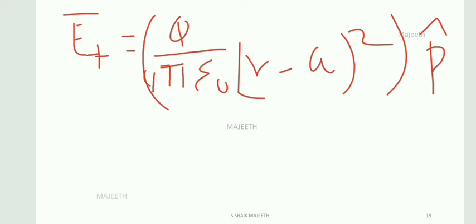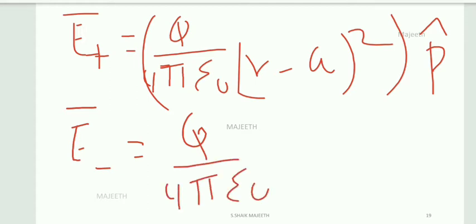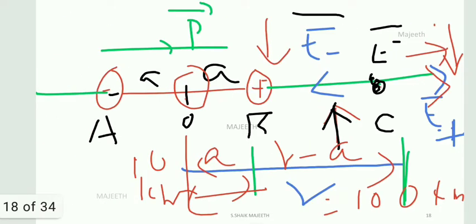P cap is the direction of the dipole moment, that is from minus Q to plus Q, which we know already. Similarly, the electric field due to the negative charge is given by E minus, which is also Q by 4 pi epsilon naught R squared. R is the distance between the negative charge and the field point.